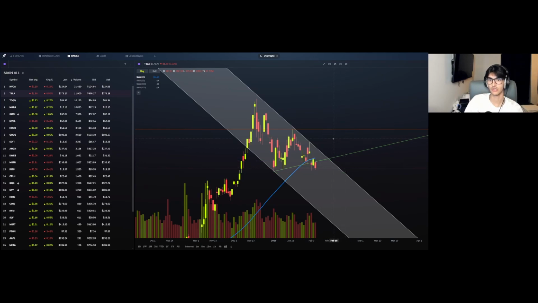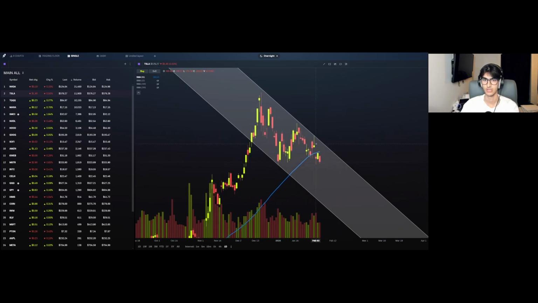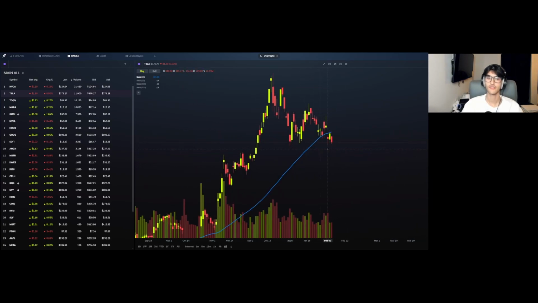Let's imagine we didn't even know what gamma exposure was. Just the fact that we're under the 55, your red flag should be going off. Okay, getting a little bearish, just a little bit.